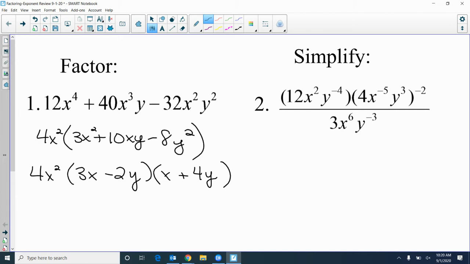So if you're going the whole route and keep your x and y there, put them in the middle. And then what's my GCF? It's a 3x. And then you're left with x plus 4y. Negative 2y, sorry, and then x plus 4y. And so you still get the same thing.